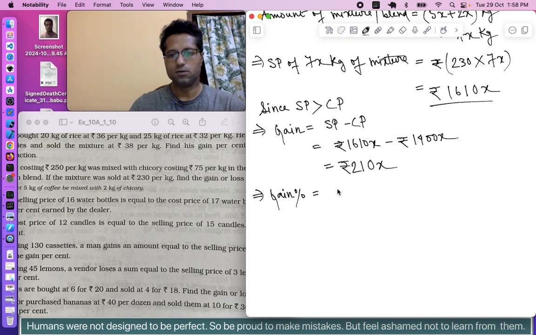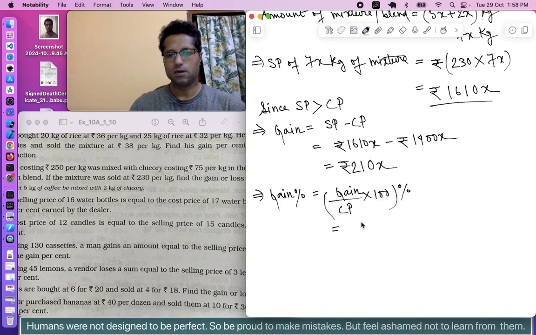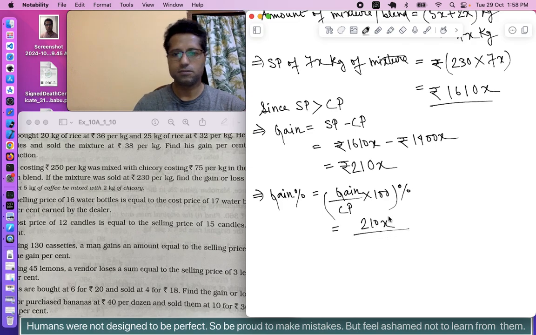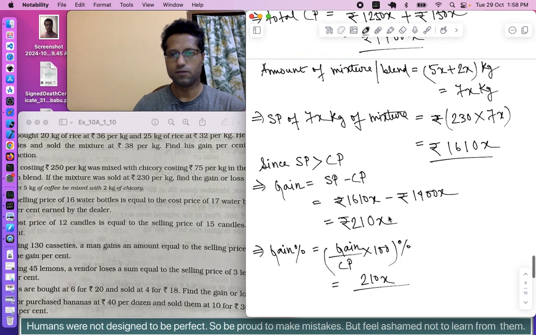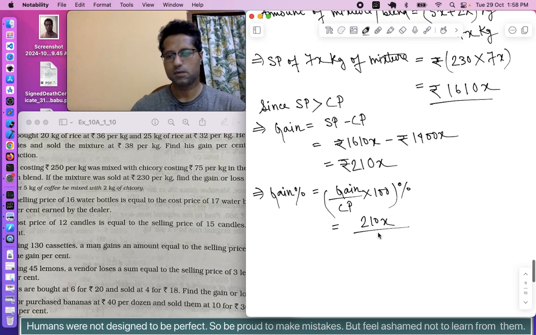This implies gain percent will be equal to gain divided by cost price multiplied by 100. So the gain is 210x, the total cost price was 1400x, multiplied by 100.